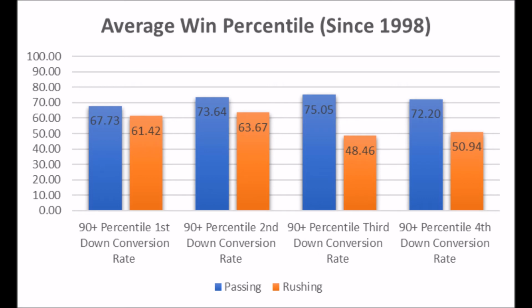We're going down a weird road right now, but all I'm really trying to say is when you look at things from a statistical standpoint of wins, you will win a lot more football games if you have a quarterback that can convert on first down, second down, third down, and fourth down at a high level compared to the ability to do that at a high level with rushing.